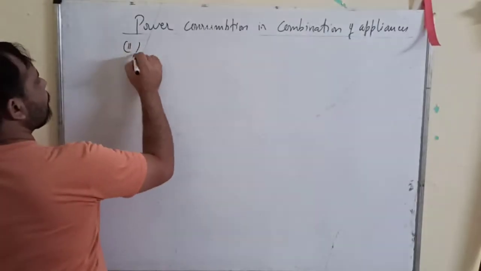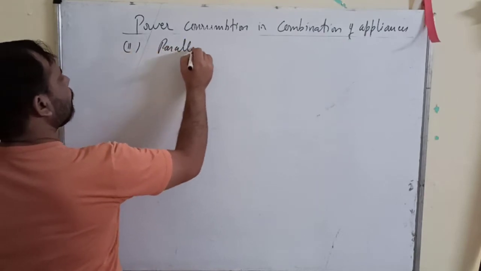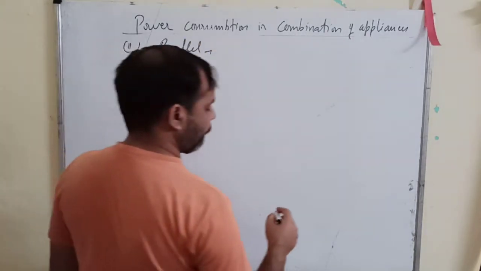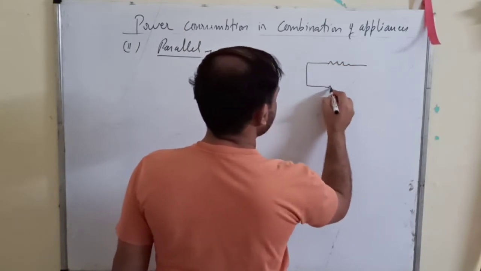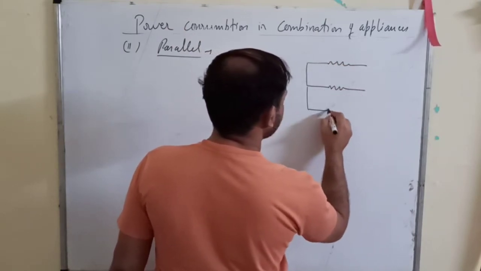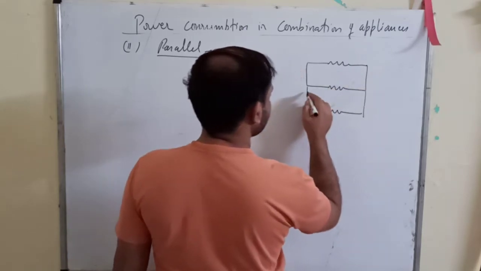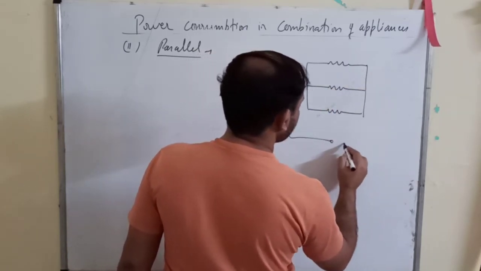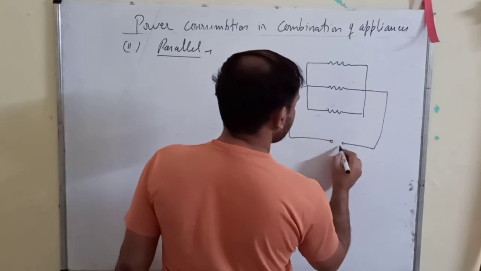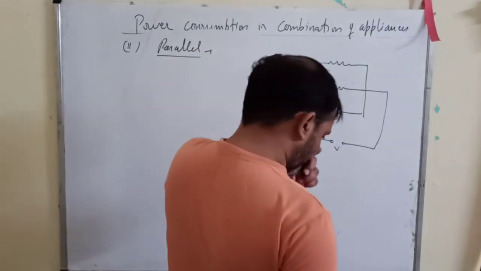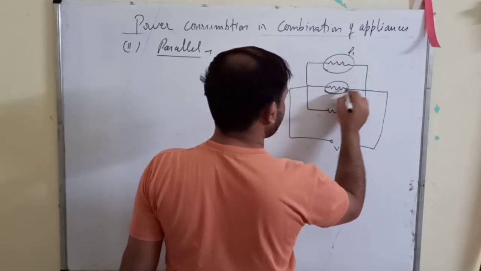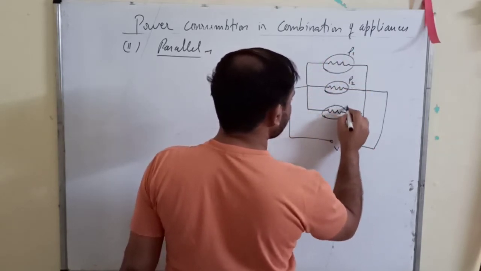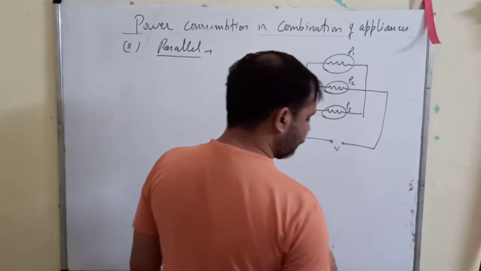Now second is parallel combination. This is P1, P2, P3.